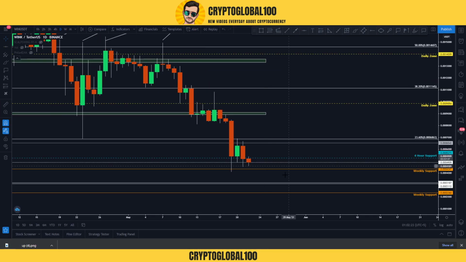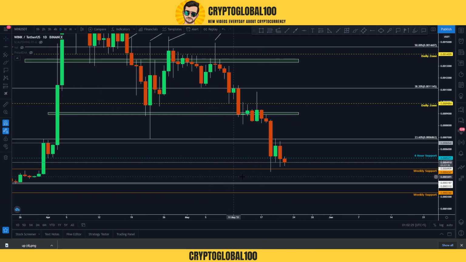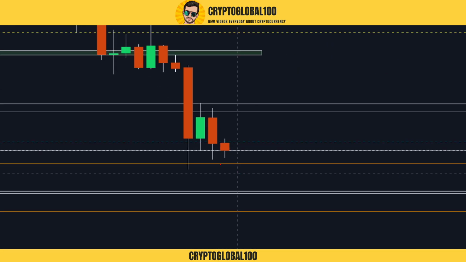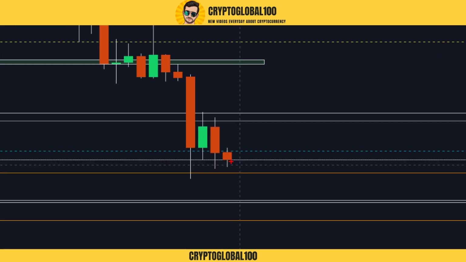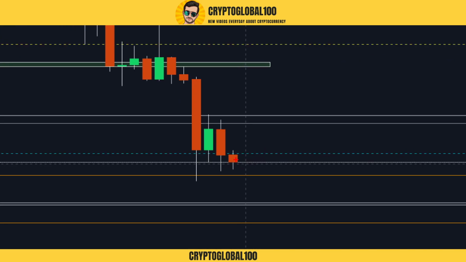Now what I am looking at right now: we have seen one longer wick on the downside, another longer wick on the downside as compared to this one. This one is 50-50, and the one currently forming is bigger, but this candle is red.